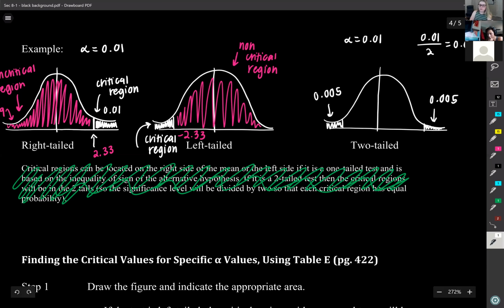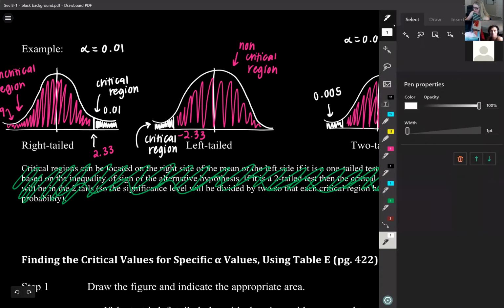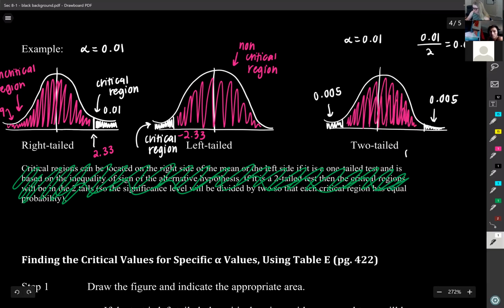So the only difference between the left- or right-tailed versus the two-tailed is that the significance level, or the alpha, has to be divided amongst the two tails evenly. And those ends there are your critical region, and then the middle becomes your non-critical region.